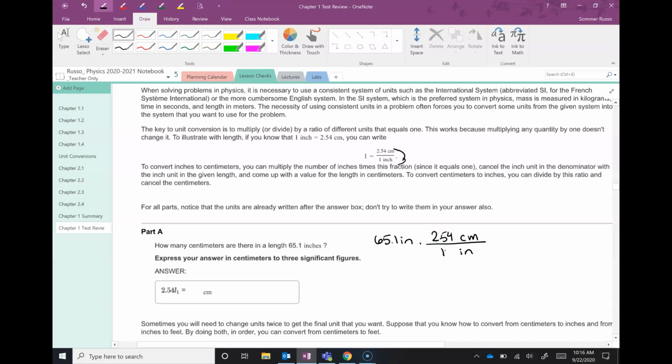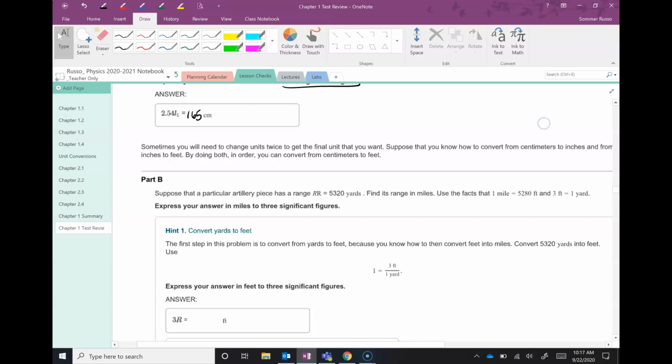So let's go ahead and do that. 65.1 times 2.54 gives me 165.354. We are told to express it in 3 sig figs. We do not need to round up, so it's just going to be 165.